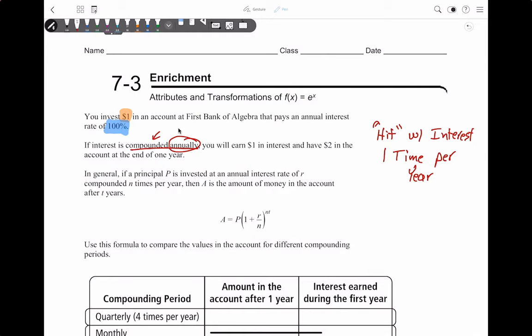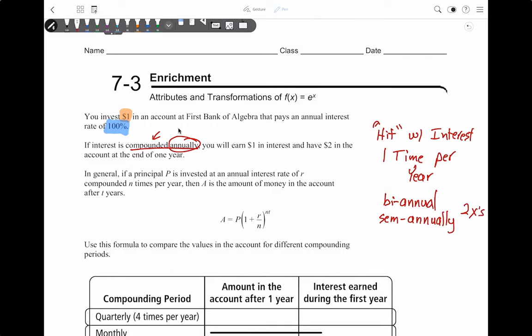If you were hit monthly, it would be 12 times, okay? So biannually, or semi-annually, it's saying 2 times. Okay, so I'll just put 2 times like that.